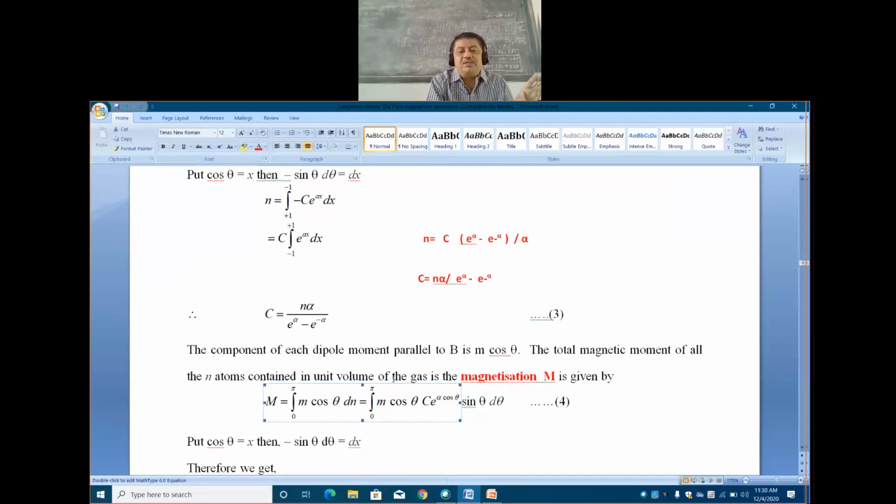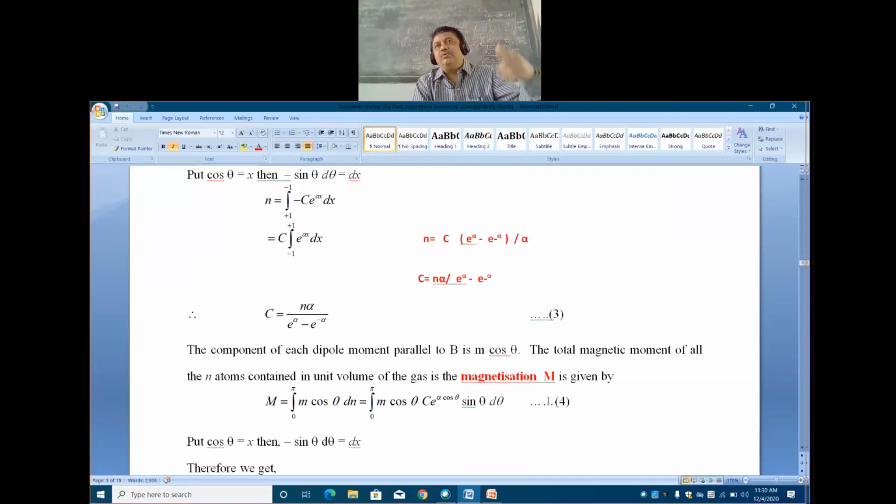That is magnetization. So M is equal to the integral 0 to pi of m cos theta, which is the component parallel to the field, times dn for all the dipoles. So dn from the earlier expression is c e raised to alpha cos theta sin theta d theta.